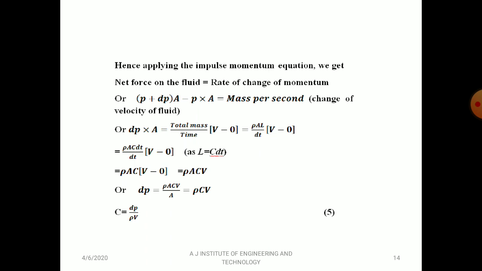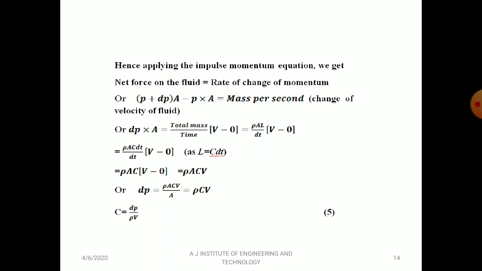You have to remember here it's the change of velocity of the fluid, not the velocity of the sound wave. So mass divided by time into V minus 0. Zero because the velocity of the fluid at rest, the initial velocity, is 0, and the final velocity is equal to the velocity of the piston, given by capital V.